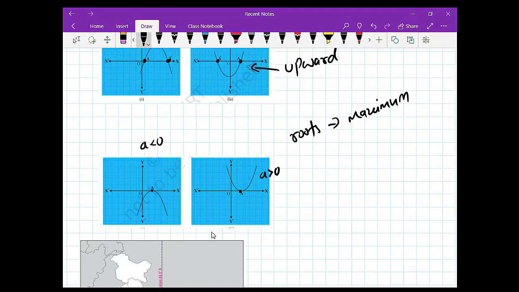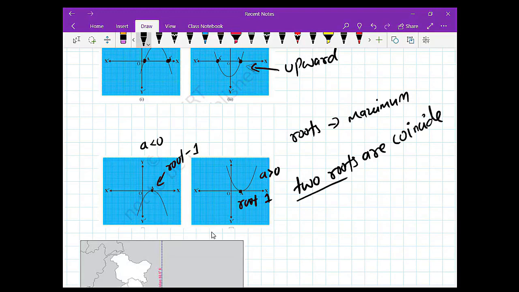When the curve touches only one point on the x-axis, it means only one root is there. Here also only one root is there. It means two roots are coinciding. Remember these words and points, very important for MCQ questions.